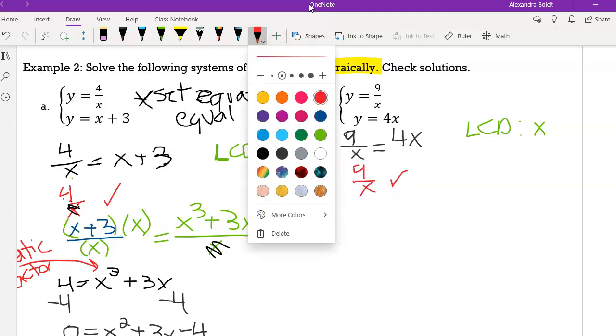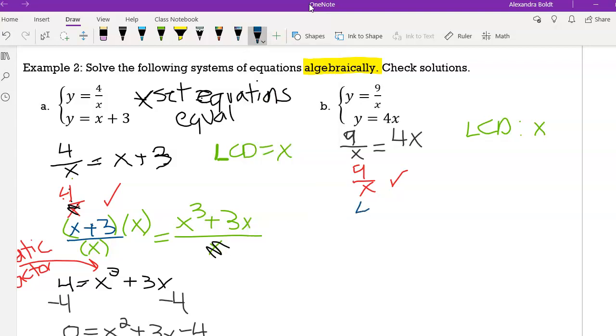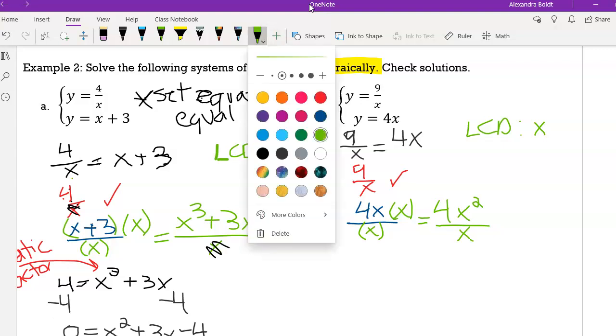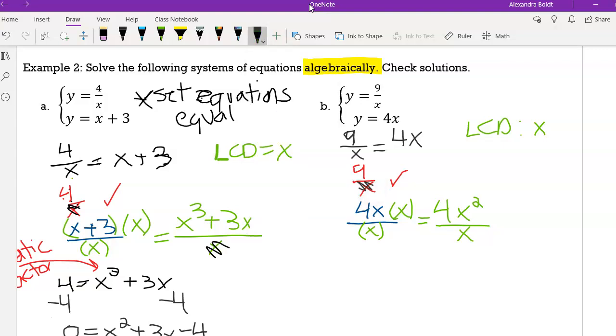Nine over x is good. Four x has no denominator, so it needs that x, and it becomes 4x squared over x. Now they have the same denominator, so I can get rid of my denominator.